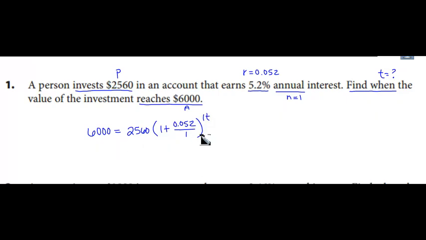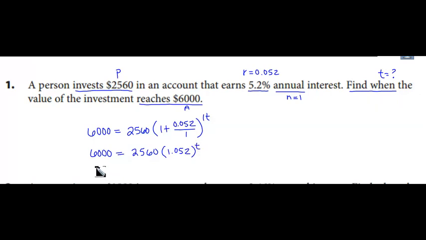Let's clean this up. First, I'll combine the things that are inside my parentheses. Since this is a 1t, I'm just going to express this as t. So I have 6,000 equals 2,560 times 1.052 raised to the t power.